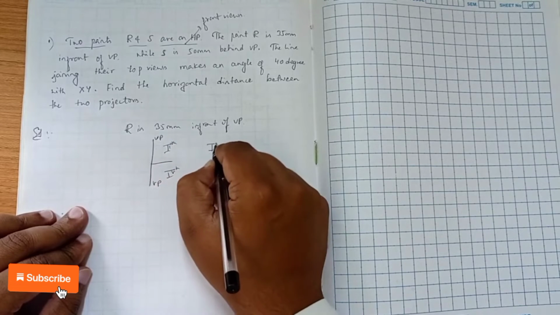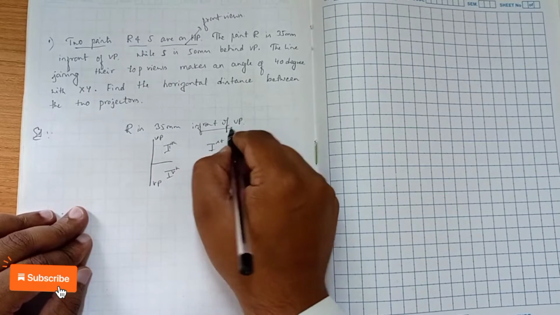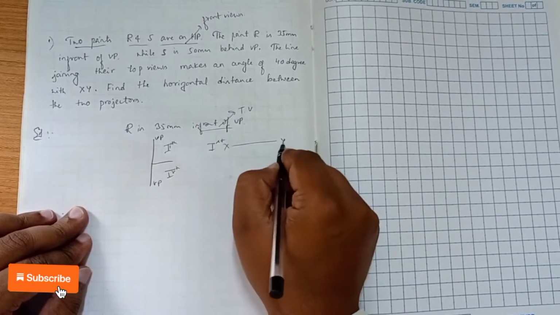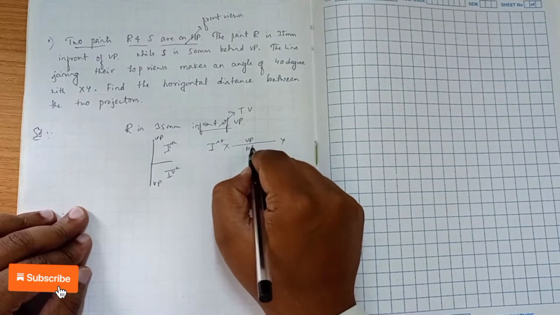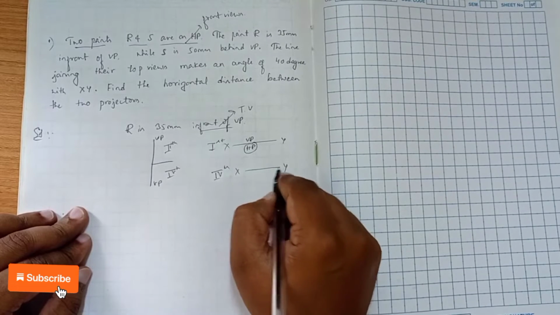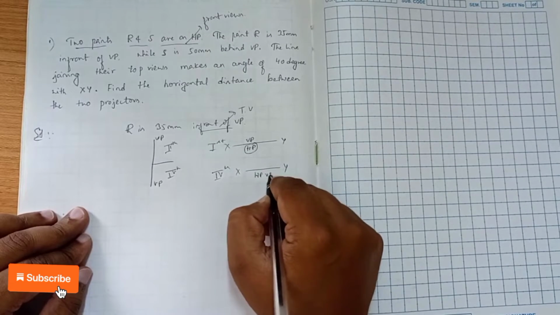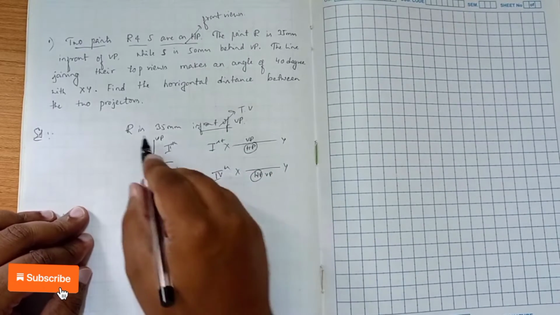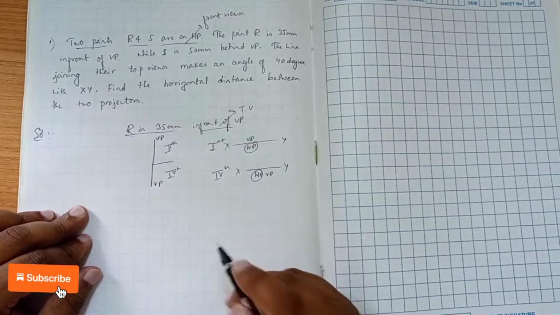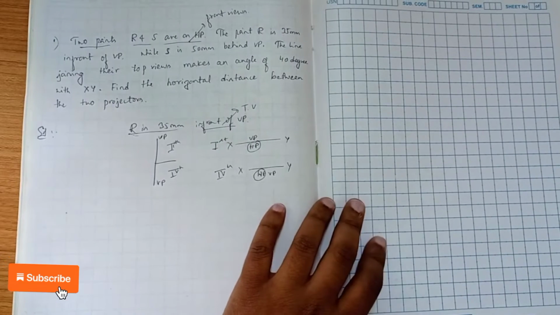In front of VP means we know that this is the top view, so below the XY line. In the first quadrant it is VP above, HP below the XY line, and in the fourth quadrant it is HP, VP. So in both cases this top view of R is lying below the XY line. So now we will draw the top view first.